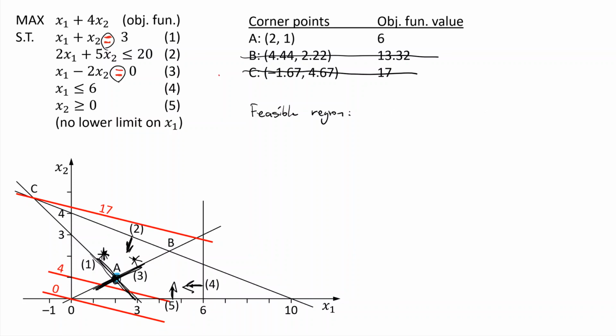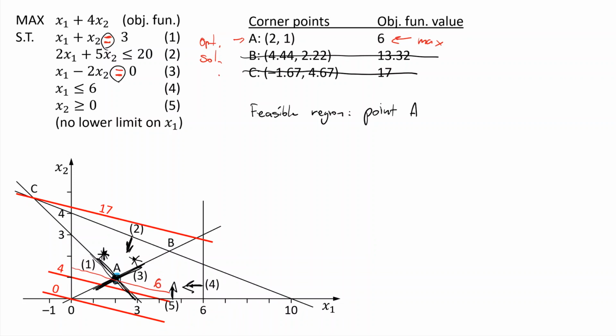It is actually only point A. Only point A is feasible. And because there is only one point to choose from, that means the optimal solution now is point A. A is the optimal solution. And again, the maximum value we can achieve for our objective is just 6. So we could plot a line here and show value 6 for it.